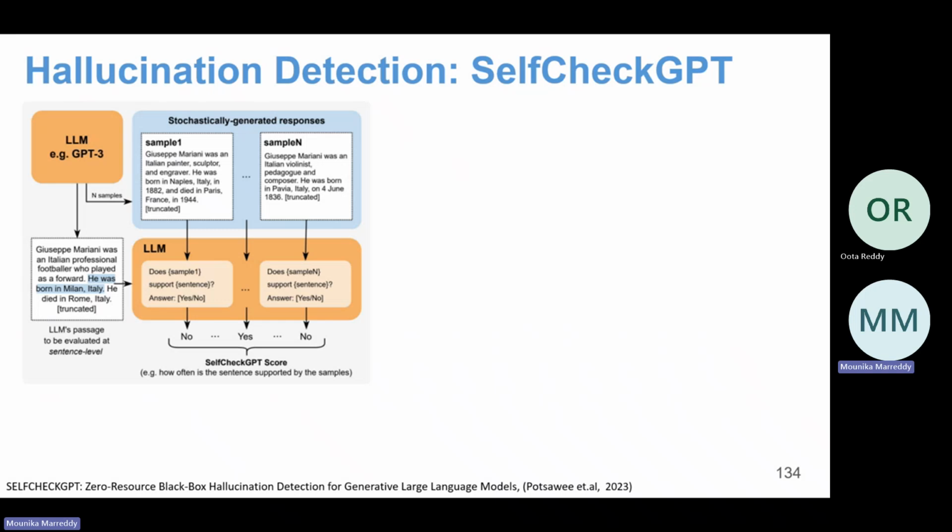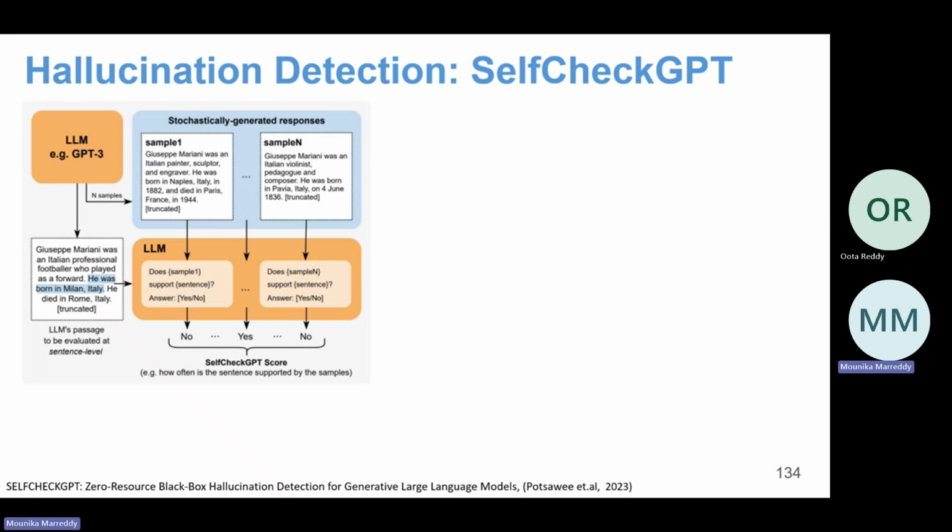However, for hallucinated facts, stochastically sampled responses will give different answers. Because these are hallucinated, these are not facts. In one case, it may say that he is an Italian painter, and in another case, the LLM can generate that he is a violinist. So here, we are getting hallucinated responses when we stochastically generate the responses from a given LLM.